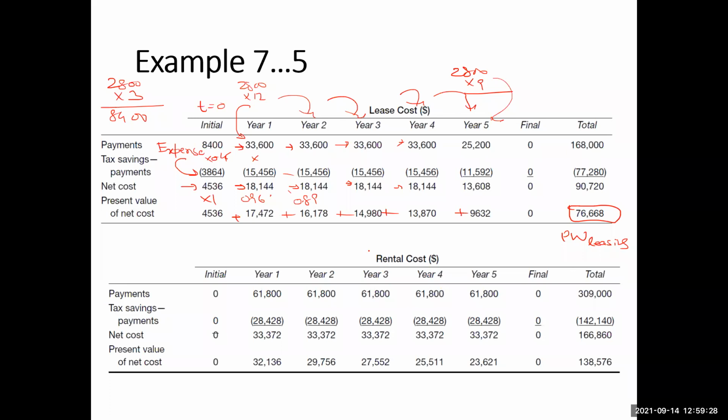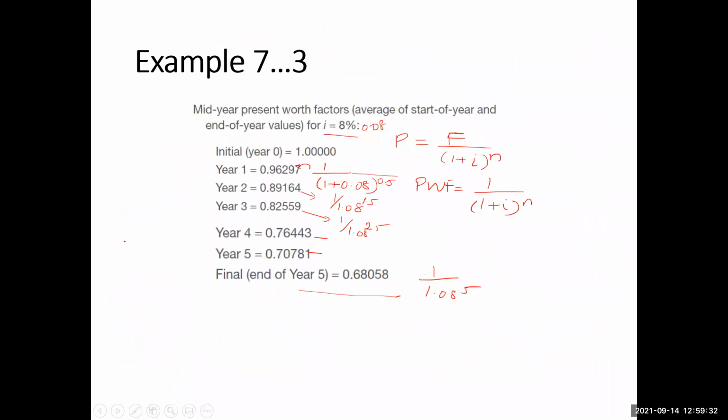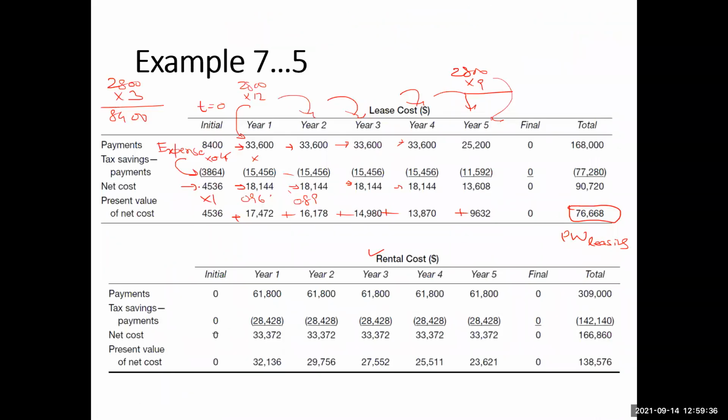In the case of the rental amount, what was the rental amount? 5150 was the rental amount. So 5150 times 12, each year you pay 61,800.